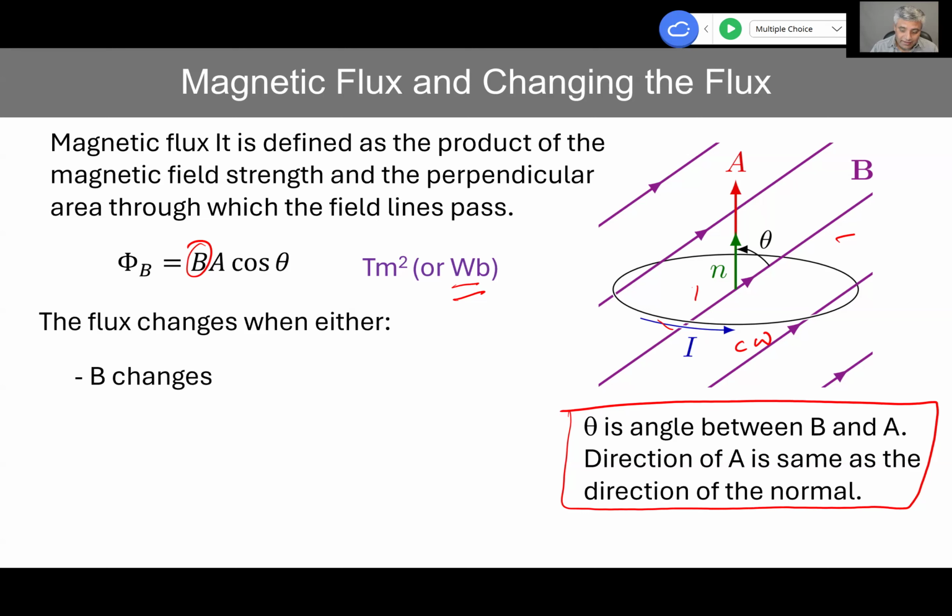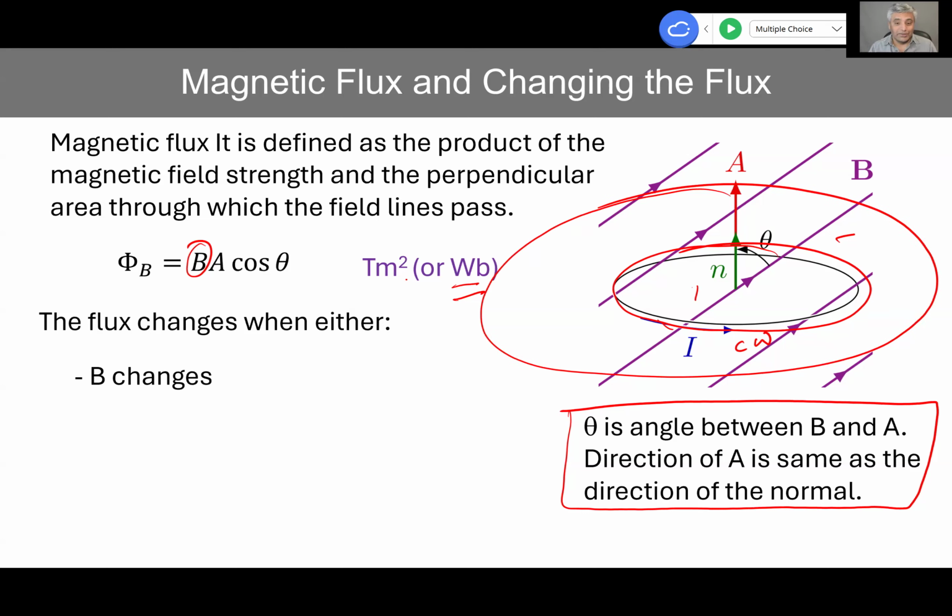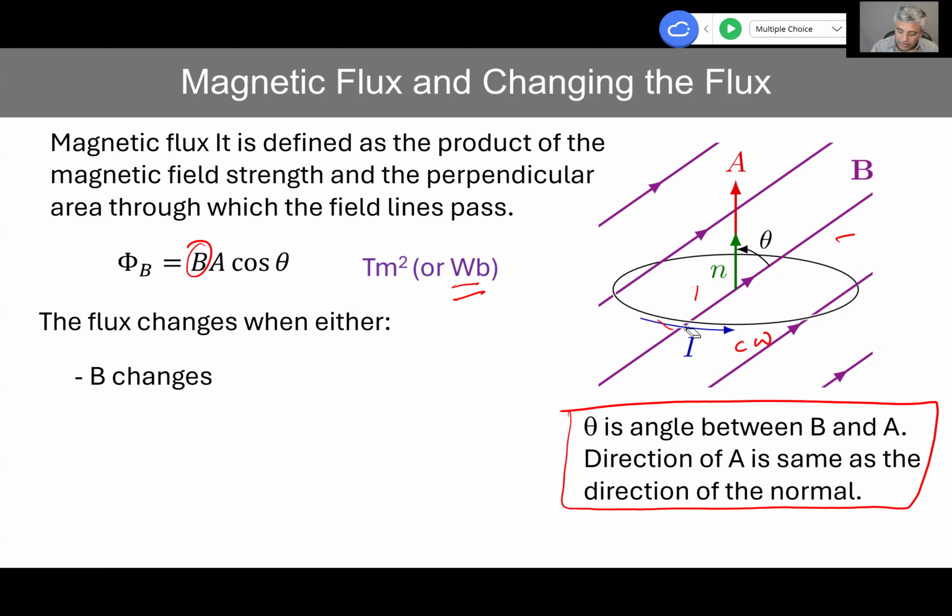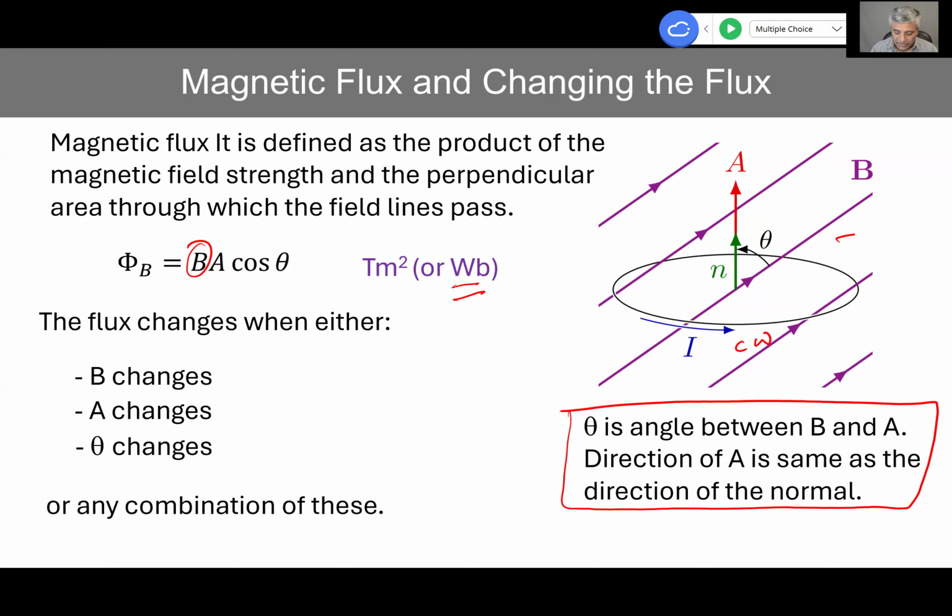If you change A, so let's say right now the coil area is this, now suddenly you have this big area, you use a bigger radius coil, then the area is different. If you go from a smaller loop to a larger loop. And the angle, the orientation of that loop with respect to the magnetic field. All these three change the flux.